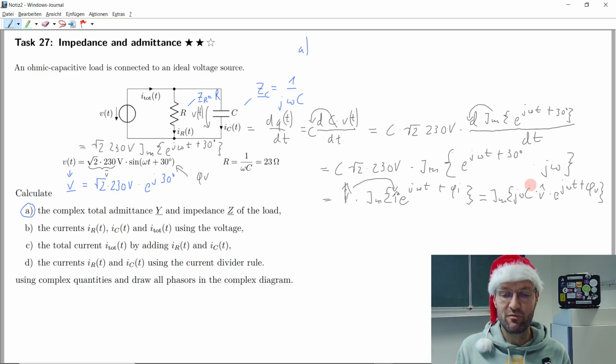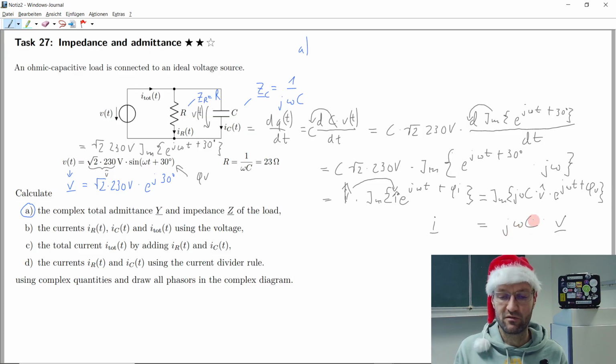And yeah, that's it. And now we can see that if the imaginary part on both sides should always be the same for all omega t, then this phasor must be the same as this phasor. So from this equation we get that the current phasor must be the same as j omega c times the voltage phasor on this side.